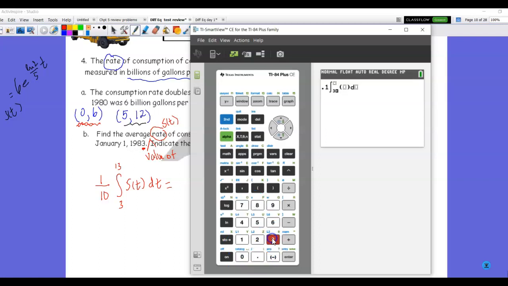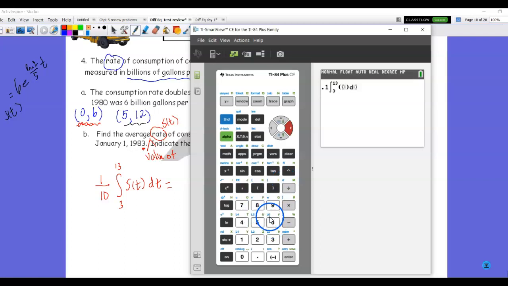All right, so my low bound is 3, my high bound is 13, and this is really important for everyone, regardless of your calculators, being really careful on how we're typing in the function. So over on the left-hand side of my screen, remember I wrote down the function, and I'm going to be really careful about how I type in that power of ln of 2 over 5 times t.